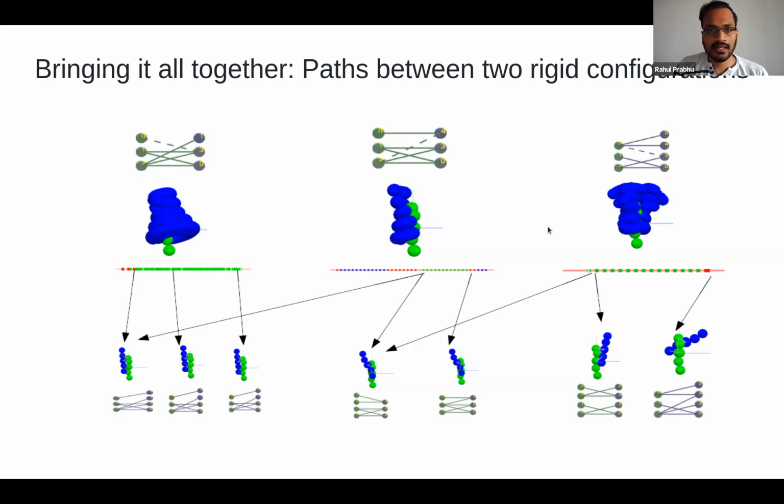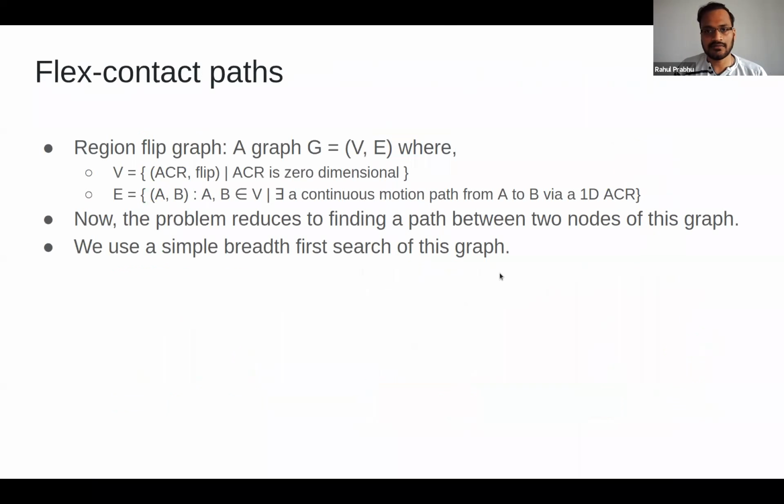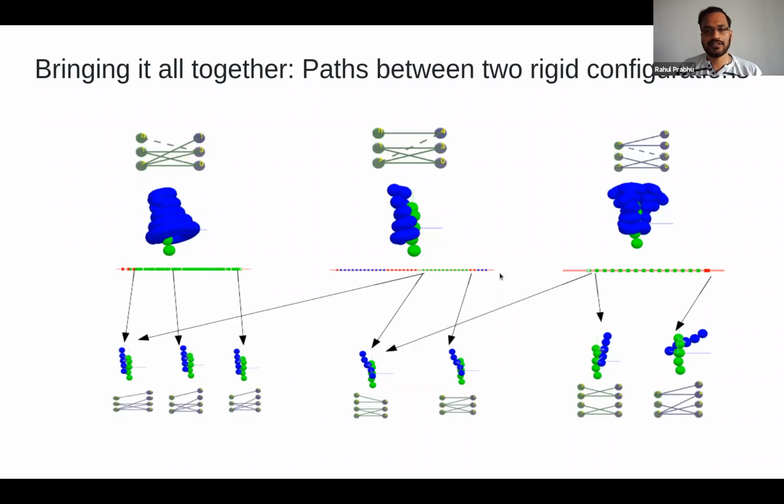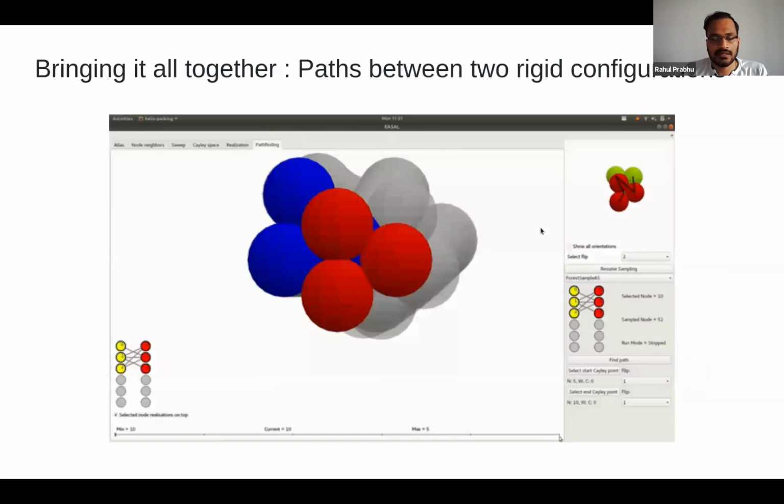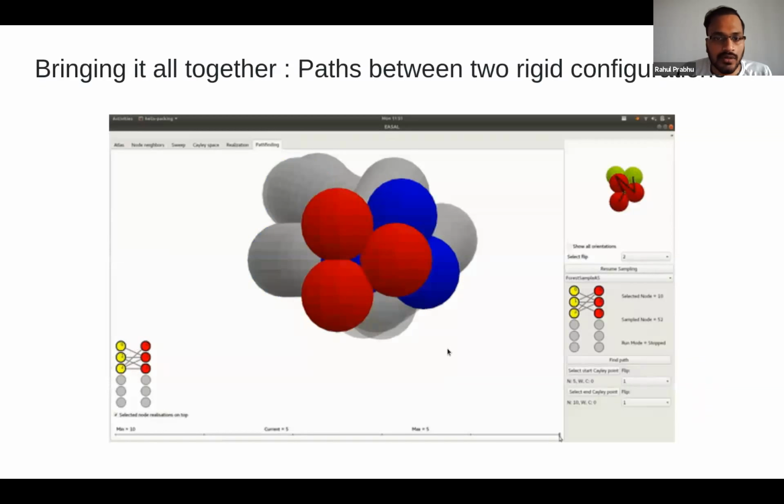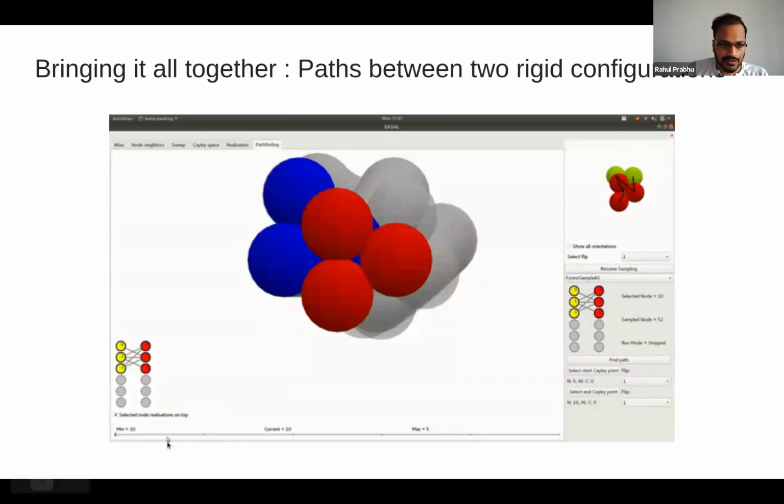So I think I'll stop here. We're working on software that finds these paths in the configuration space, and hopefully it'll be completed soon. Maybe on Thursday I can give a little demo. Oh, okay, I have this here. This is from an early version.